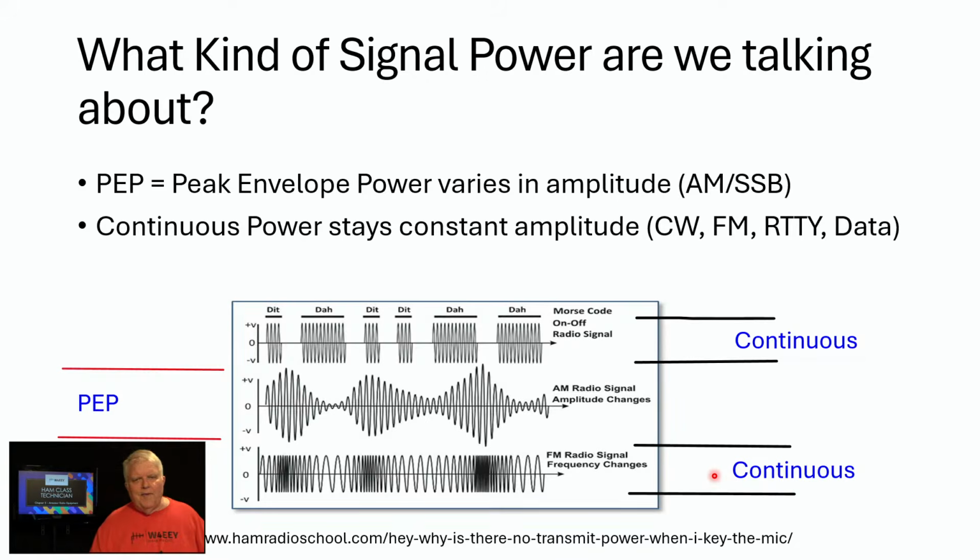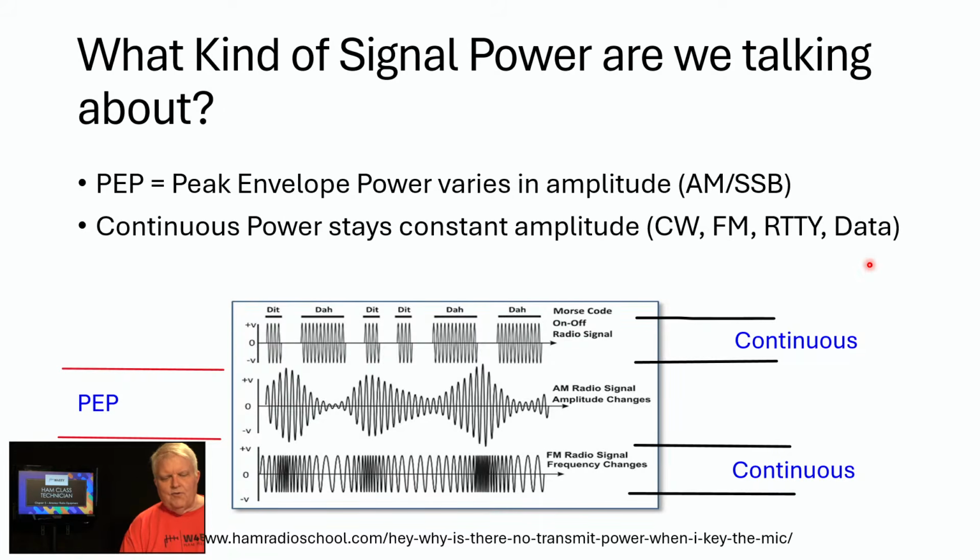When we're talking about maximum output power, we're talking about something called average power and peak envelope power. Continuous or average power stays constant for CW, FM, radio teletype, and data. You're just turning them on and off, but the output power stays the same.